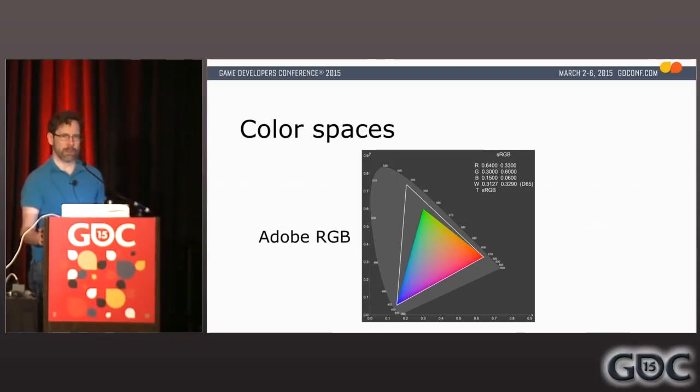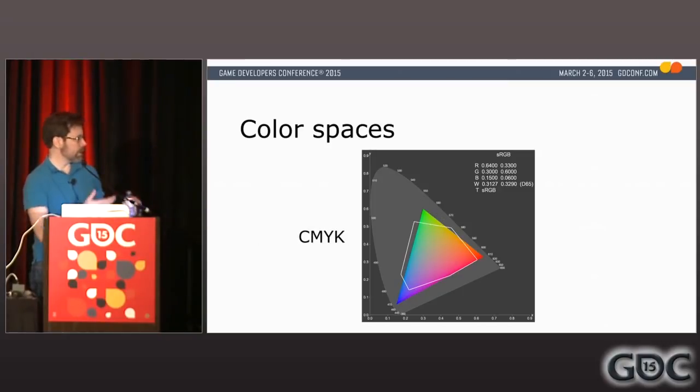Now, of course, there are other standards. Here's the triangle for the Adobe RGB. So there are more than one RGB standard out there. This is primarily used by professional photographers. I think there's a Pro Photo RGB as well. And just to show an example, there are plenty of other color spaces as well. The ones I've been talking about are just RGB, but there's CMYK, which is the color standard for printers.